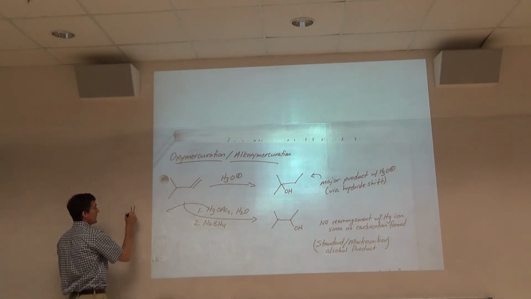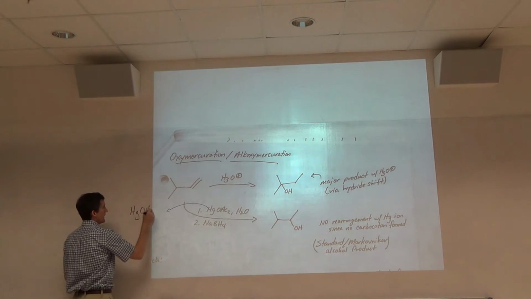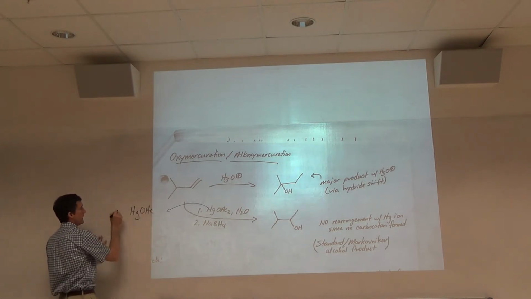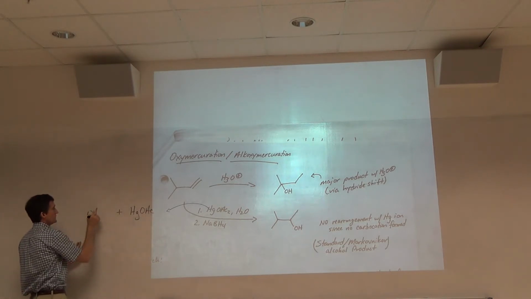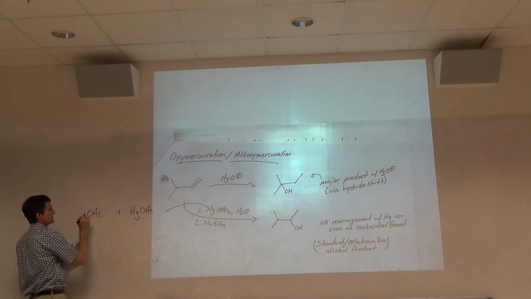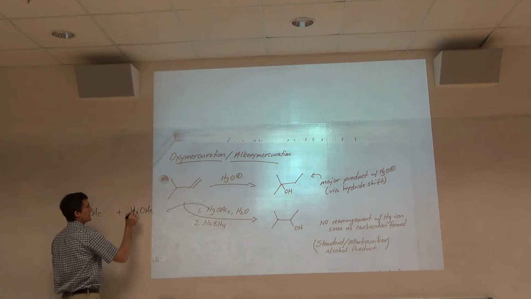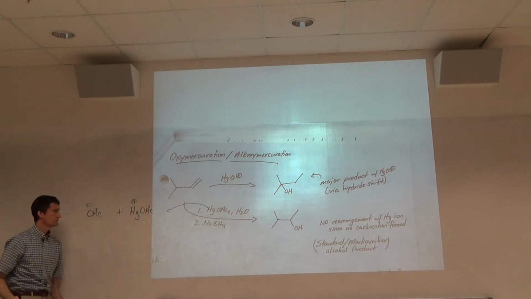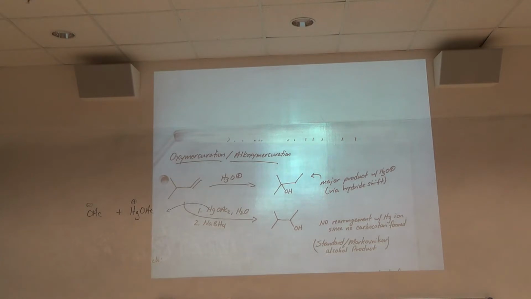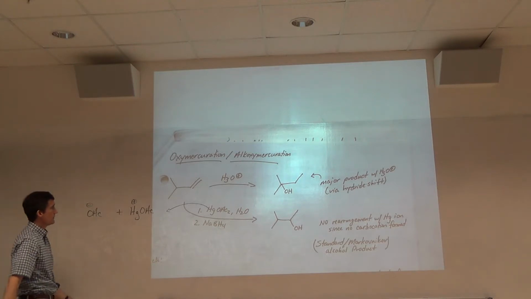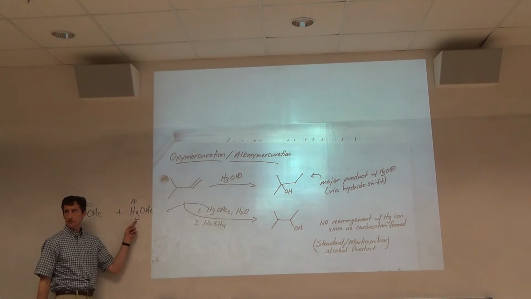But I'm going to just show it partially. We just ionize one of the acetates, so the mercury is just plus. We can show it in this form. But essentially we have an Hg plus.